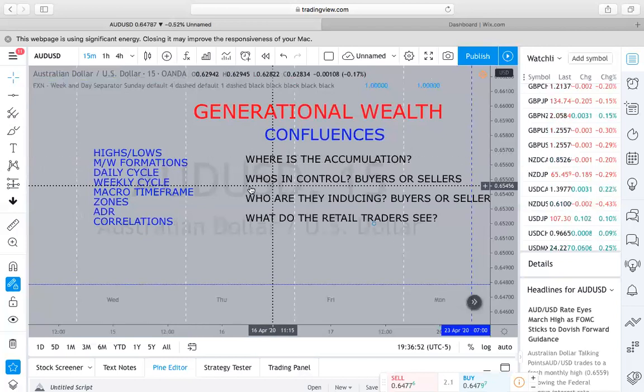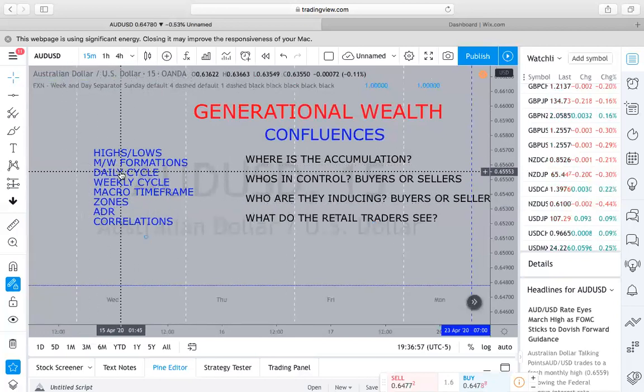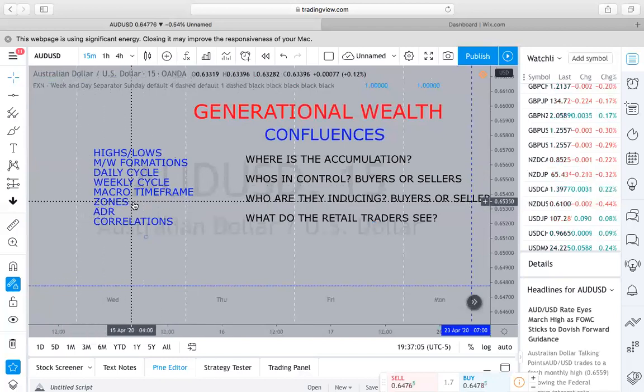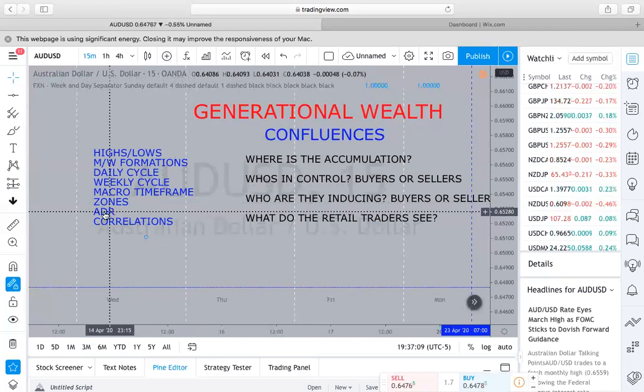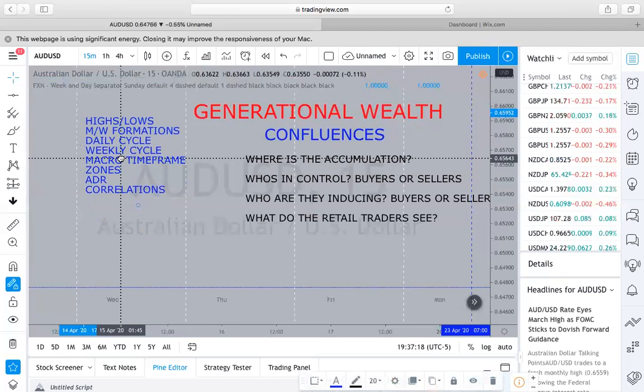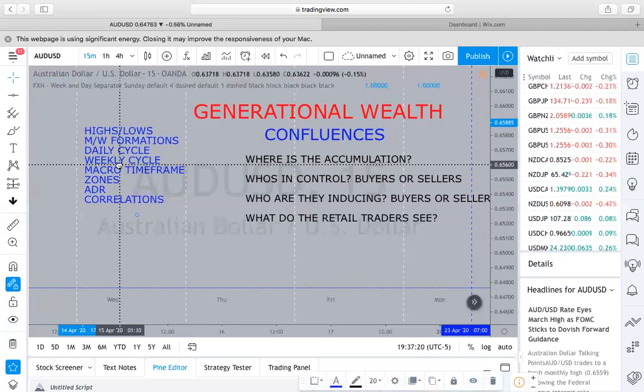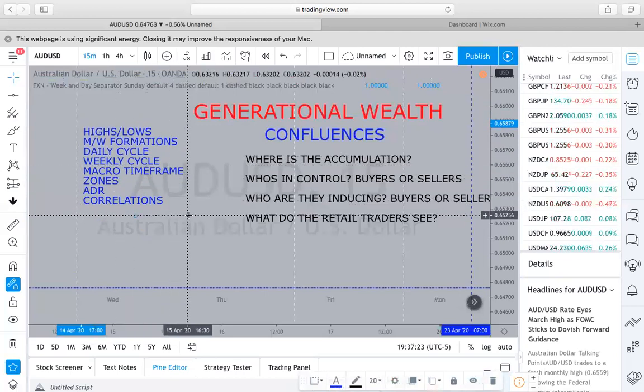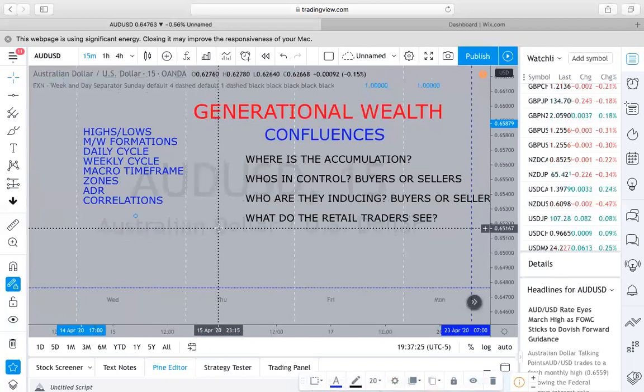So remember, these are the confluences I use to trade: the highs and lows, these M's and W's, daily cycle structure, trading this weekly cycle structure, seeing this macro time frame, identifying my zones so I know where price is going, as well as the ADR to help me know how much this price should be moving, and then correlations to help me when I'm trading pretty much opposite pairs and vice versa, or just knowing the strength of the dollar or these indexes.